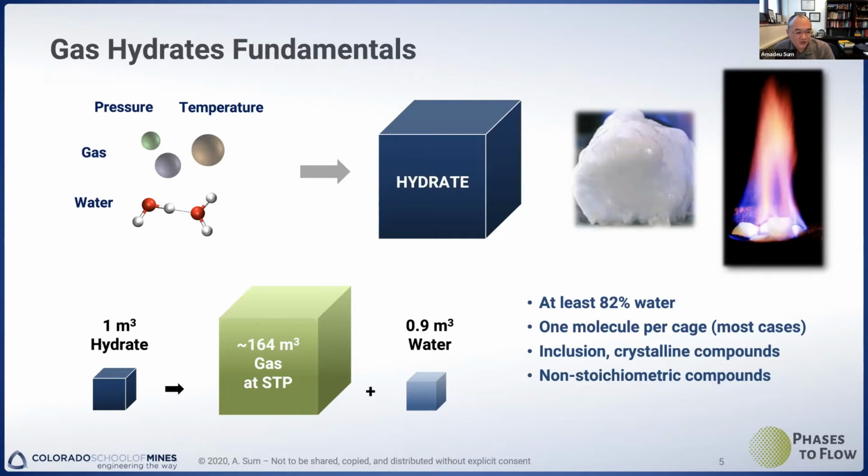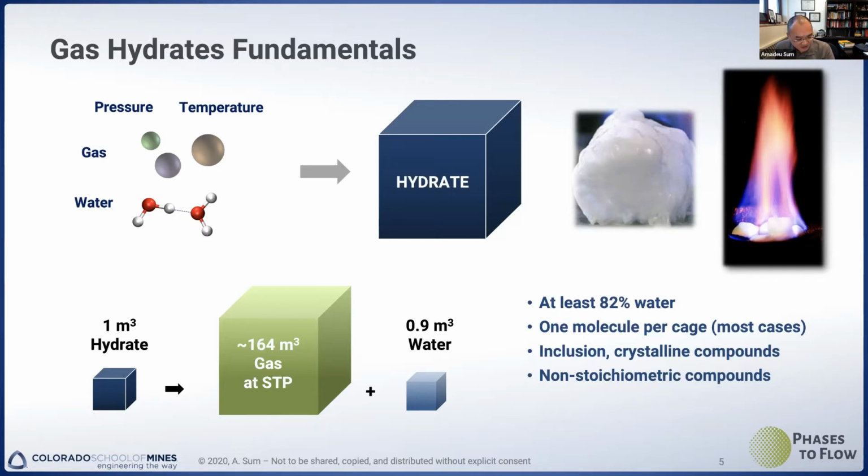For the gas hydrates, we need temperature, pressure, a gas, and water that combines to form a crystalline structure. And the image there that you see of the burning ice balls, that's the combustion from the gas that's being released on the dissociation of the hydrates.